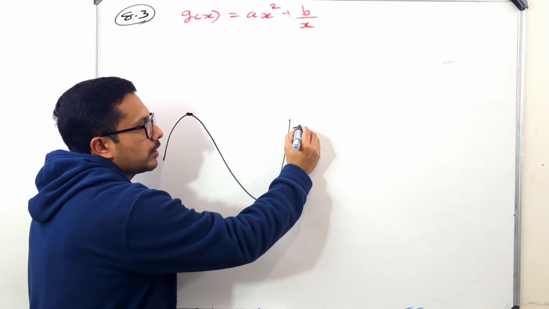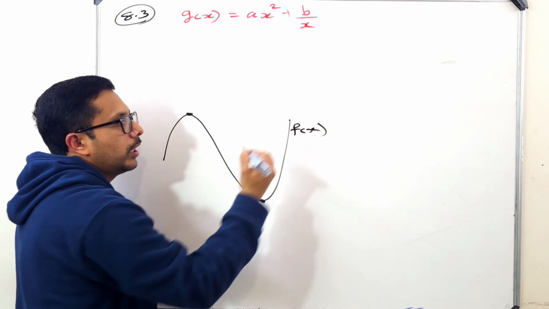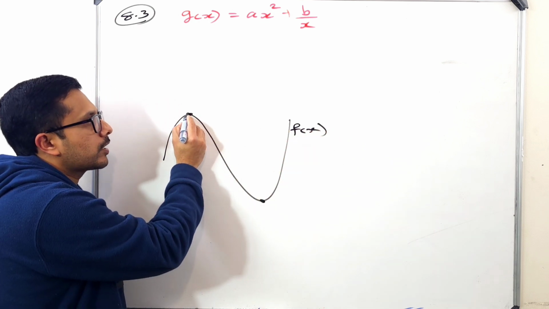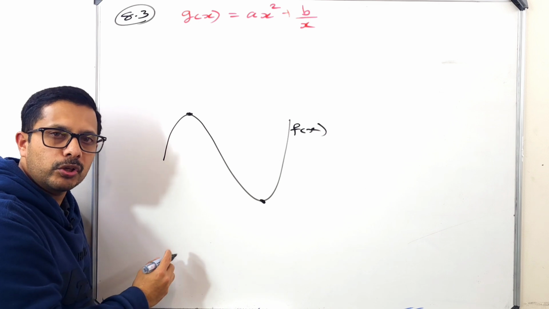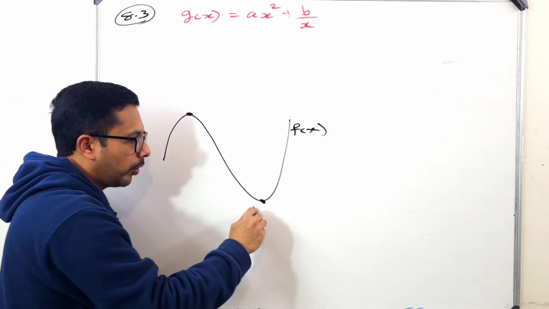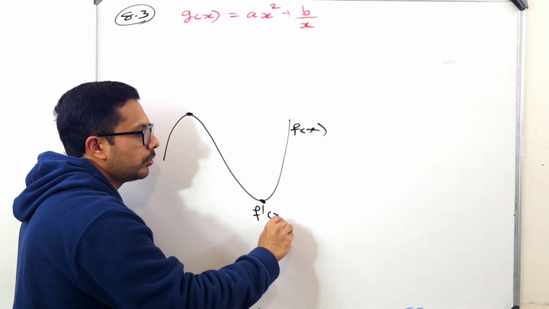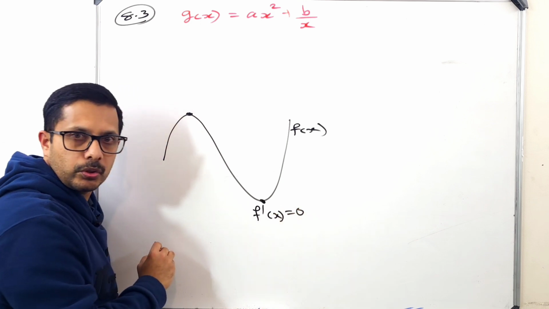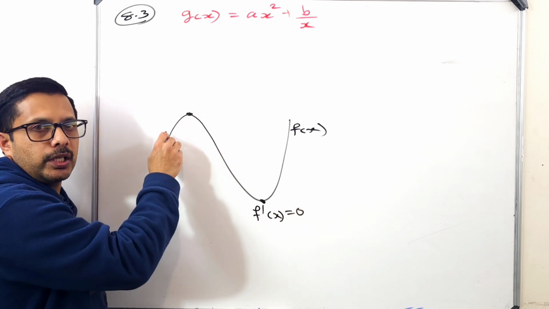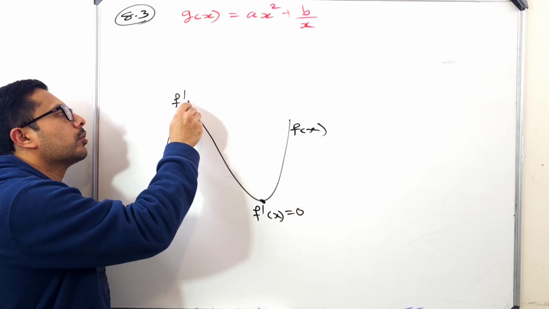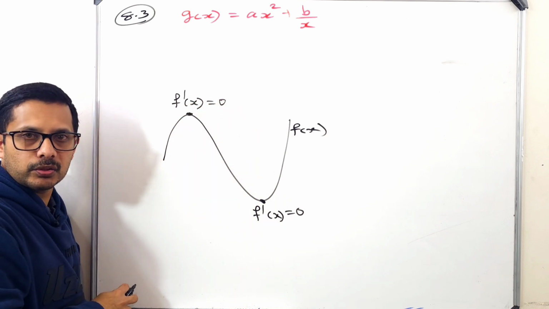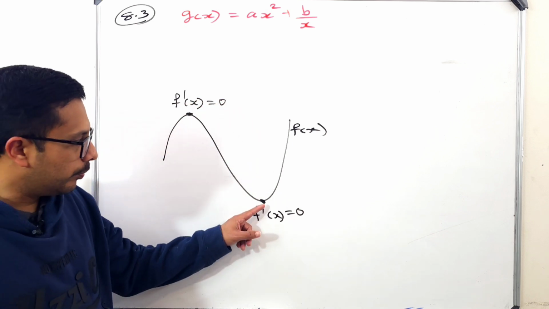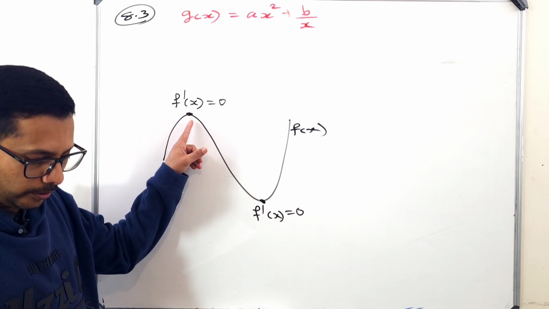Assume that this is f of x. This is the maximum turning point, am I right? And this is the minimum turning point. What you studied at the turning point, first derivative is equal to 0. And this one is the maximum turning point, and at that turning point also first derivative is equal to 0. Am I right, guys? So this is the minimum turning point and this is the maximum turning point.